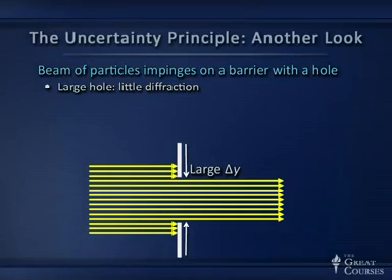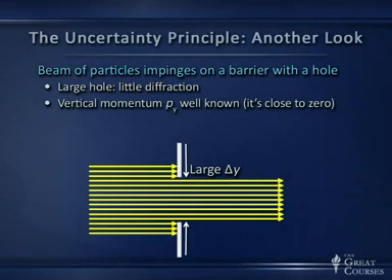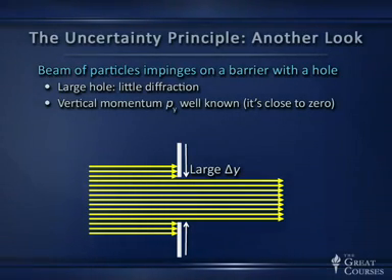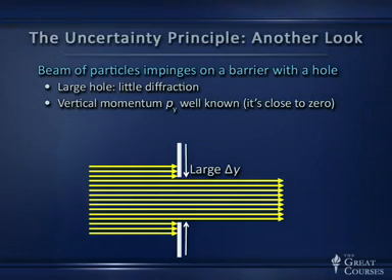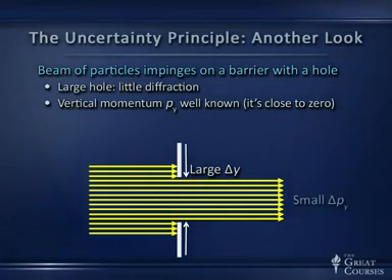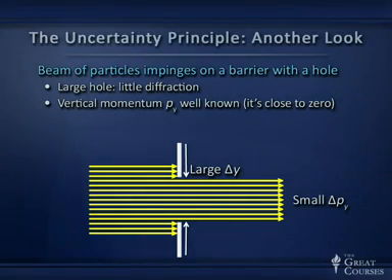Notice that the particles are going through and they're just heading right along in the horizontal direction. They basically have no vertical component of their momentum. So I know their vertical momentum very well. There's no uncertainty or almost no uncertainty in their vertical momentum, p sub y. By the way, the uncertainty principle applies individually to the different components of motion. There's a small variation in py, almost 0.